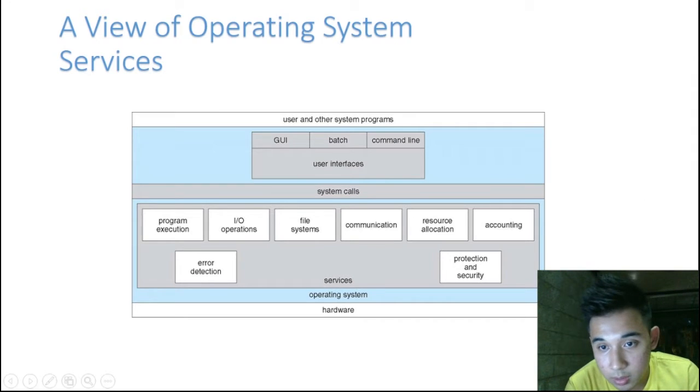Next is accounting. In accounting, we want to keep track of which users use how much and what kinds of computer resources. This record keeping may be used for accounting or simply for accumulating usage statistics. Then, error detection. Both hardware and software errors must be detected and handled appropriately, with minimum of harmful repercussions.